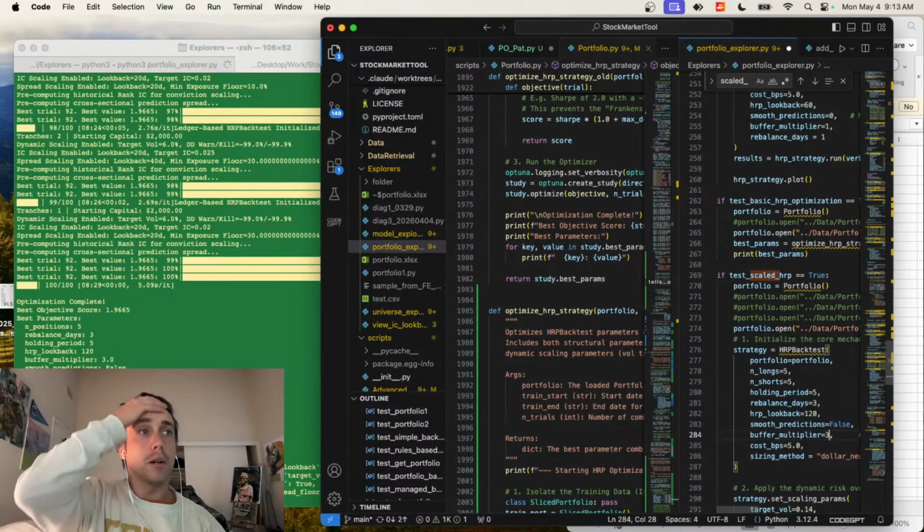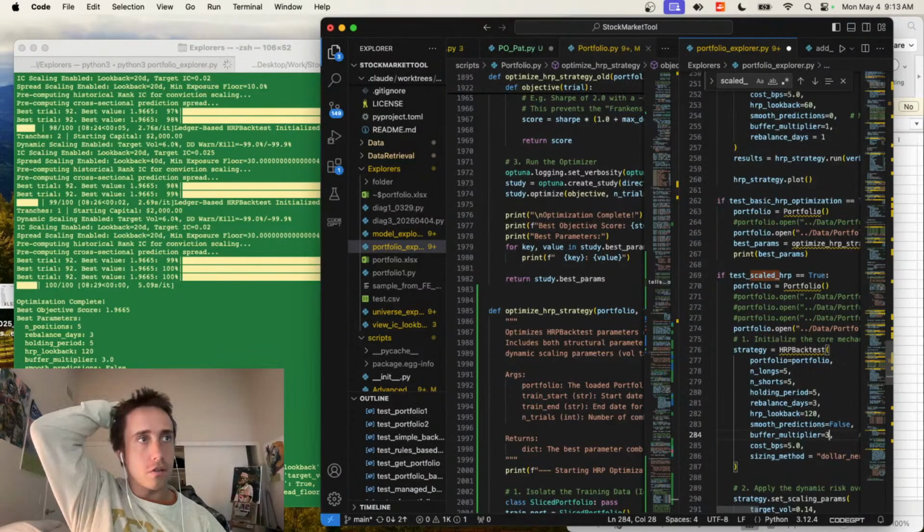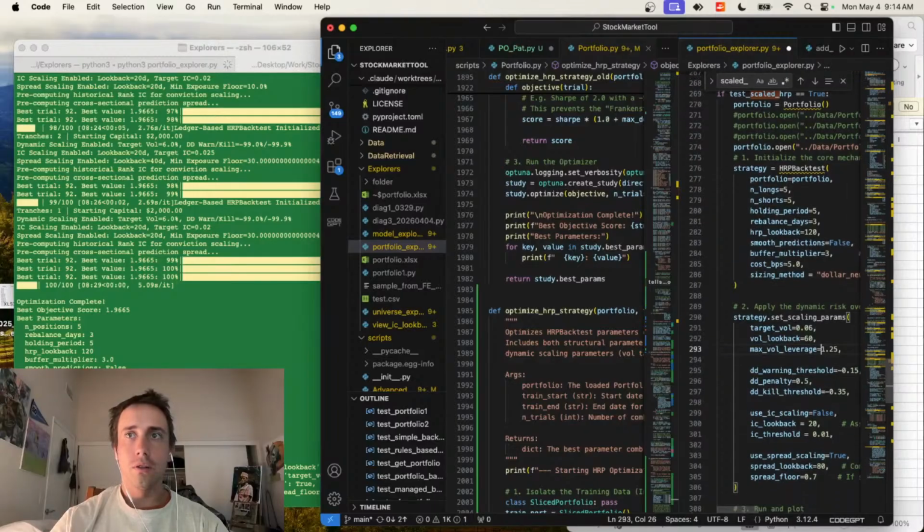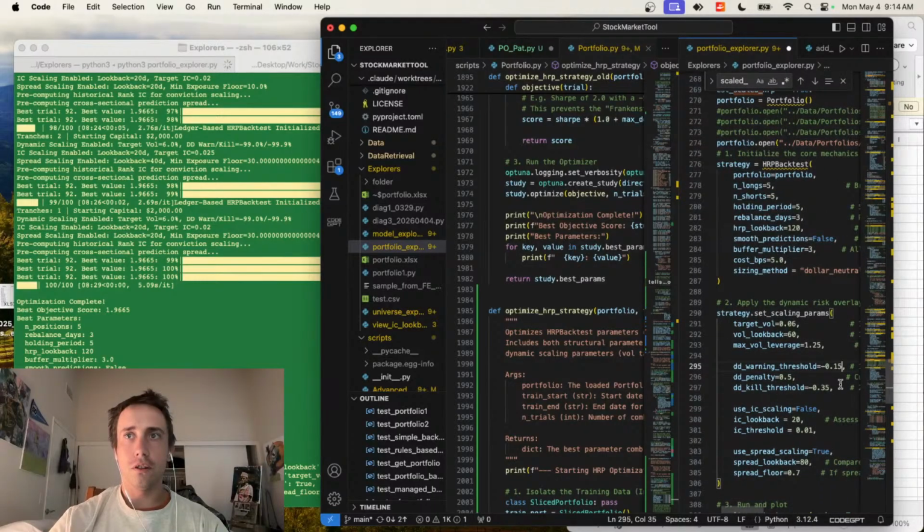Alright, HRP look back, buffer multiplier, smooth predictions is false, sizing method dollar neutral, target volatility 0.06, volatility look back 60, max volatility leverage 1.25 again. Use drawdown scaling is false, so we can just set the warning threshold to -1.